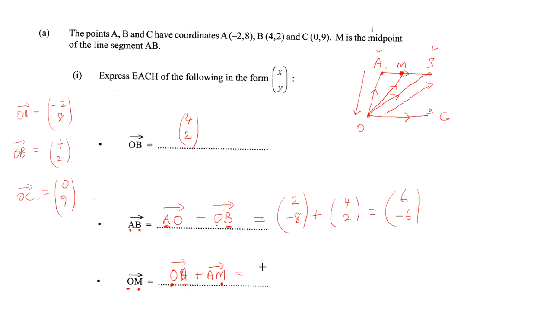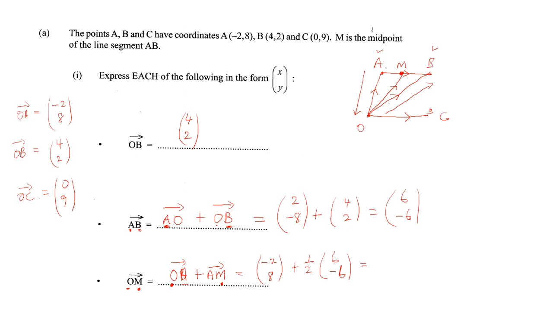So OA, what is OA? OA is minus 2, 8 plus AM. What is AM? Now M is the midpoint of the line segment AB. We just worked out AB here. AB is 6, minus 6. So therefore AM will be a half of AB. So it's a half multiplied by 6, minus 6.